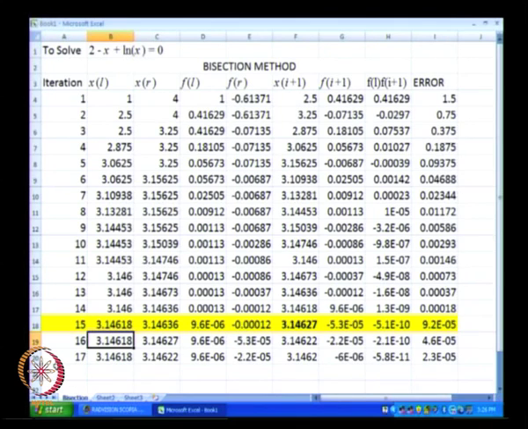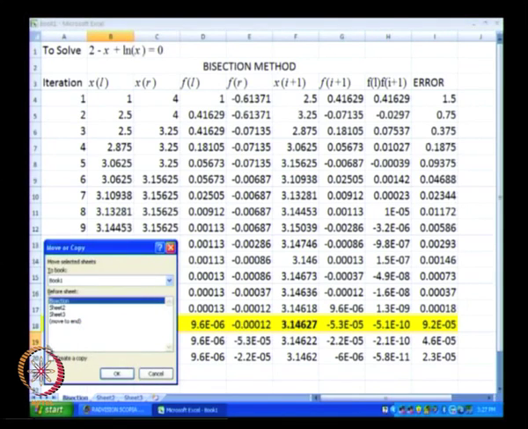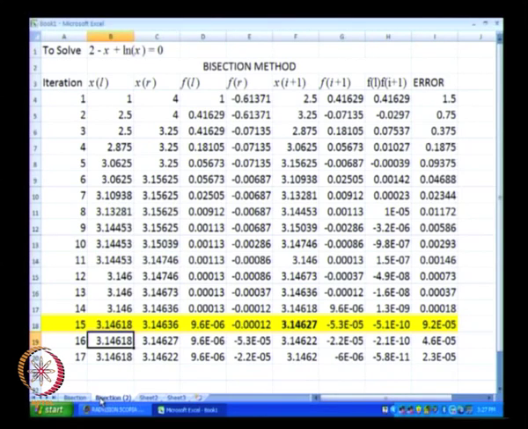So just to save some time, I will copy this particular worksheet by clicking on move and copy. I will create a copy of this worksheet before sheet 2. Okay. So now what we have is a copy of the worksheet in which we used the bisection method. I will call this regula falsi.